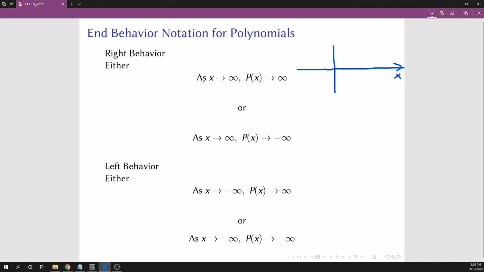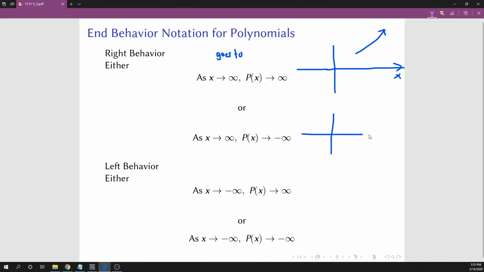This is x goes to, or tends to, is how you can read those little arrows. So we're going this way. Remember, x's values get bigger the farther you go to the right on the x-axis. And here, this indicates the y values. So if we say as x goes to infinity, a polynomial function p of x goes to infinity, it means the graph is going to be going up as we go off to infinity.